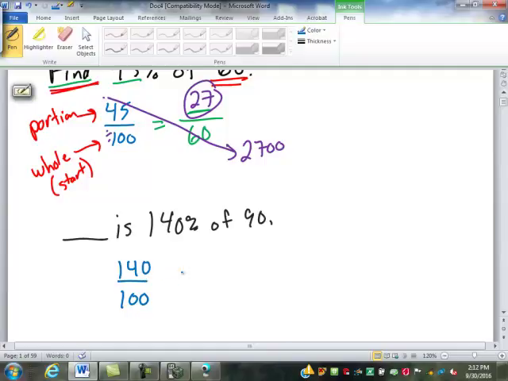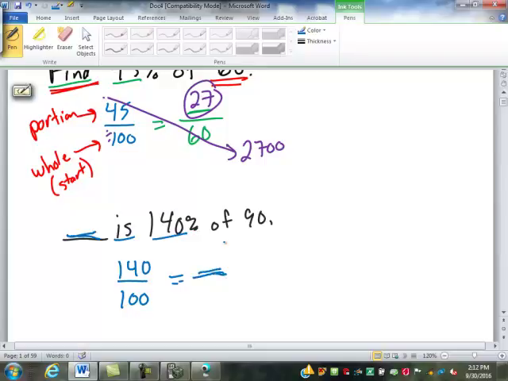So on the other side over here, we have to put in our two other numbers. One of them is represented by the missing number. Does that represent the 140, the piece that we're focusing in on, or does that represent the whole amount, the 100? Well, it says blank is 140%, right?